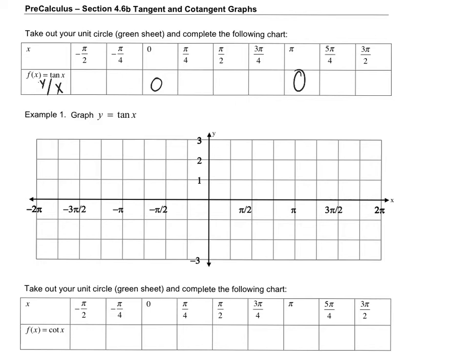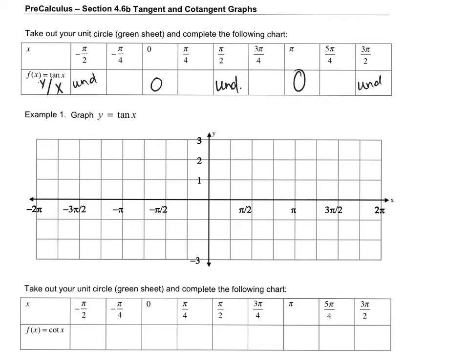So at pi over 2, we're a quarter of the way around the unit circle. My y value is 1, but my x value is 0. So when I take 1 divided by 0, well, I can't divide by 0, so that is undefined. The same thing happens at 3 pi over 2, which is the same thing as negative pi over 2, because again, my x value is 0.